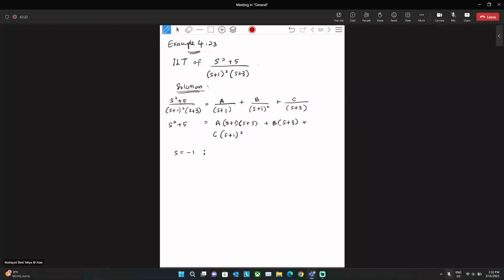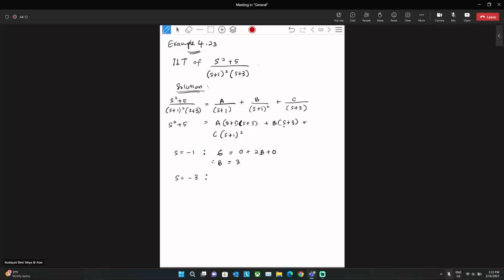Left side: minus 1 squared equals 1 plus 5 equals 6. Right side: 0 plus b times minus 1 plus 3, 2b, plus 0, so b equals 3. Then s equal to minus 3, to make it 0 for these parts.